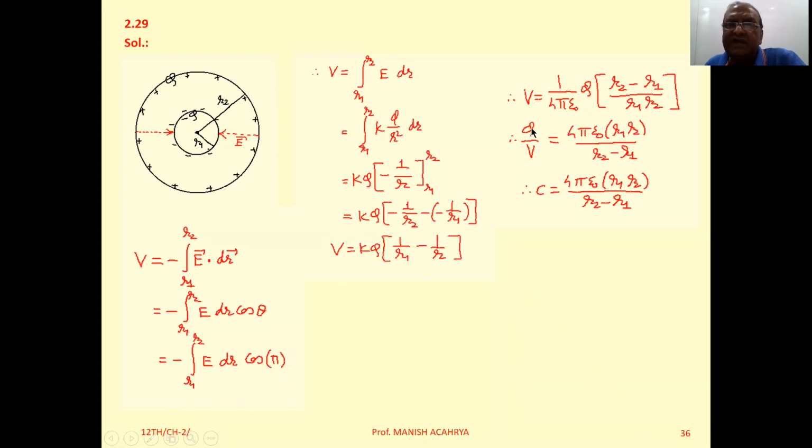So resultantly we can write Q by V equal to 4 pi epsilon 0 into R1 R2 upon R2 minus R1. So finally we will get the capacitance C, that is Q by V, equal to 4 pi epsilon 0 into R1 R2 upon R2 minus R1. So here you will get the difference of outer radii and inner radii, whatever is the notation taken for that. Clear to all of you?